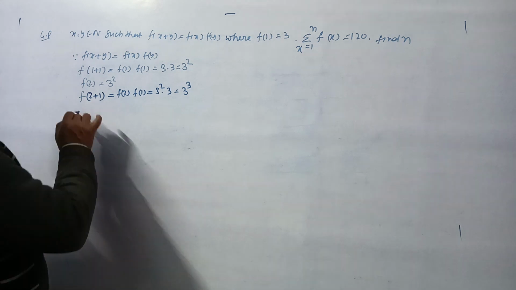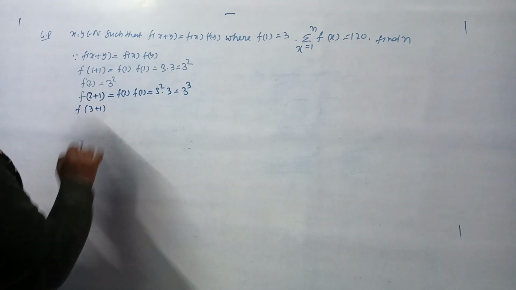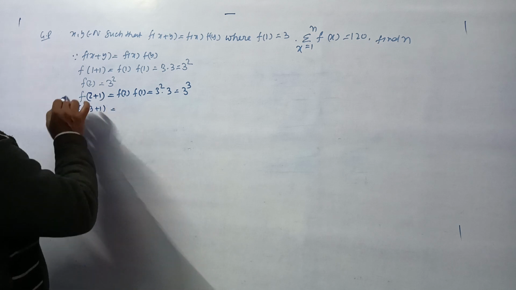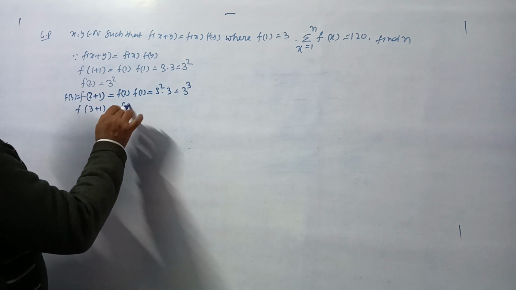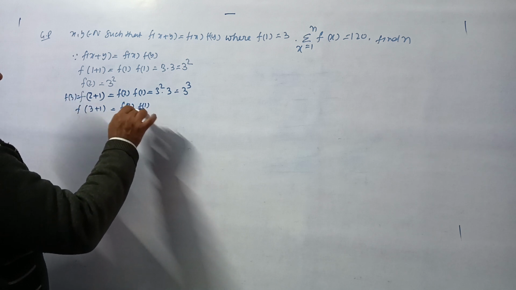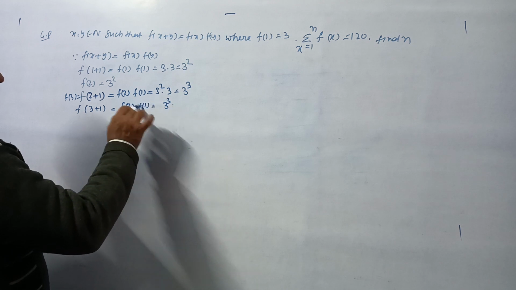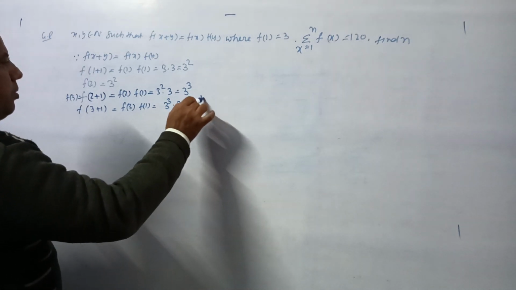Now f3 plus 1, that is f4, f3 f1, that is 3 cube and f1 is 3, so that is 3 power 4.